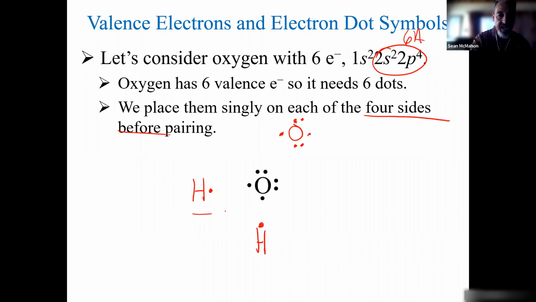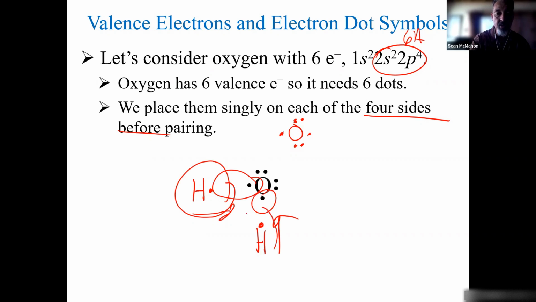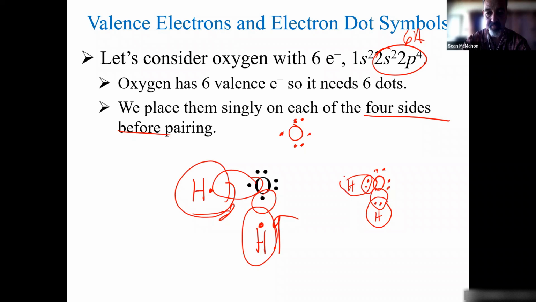So as the hydrogens approach the oxygen, they're willing to share these electrons, because really these electrons are orbitals, right? And when they approach, these orbitals, which are regions in space, begin to overlap. This is very crude, but I think it gets the point.